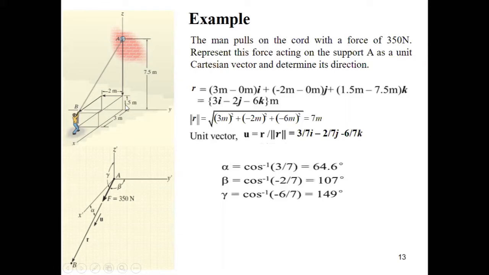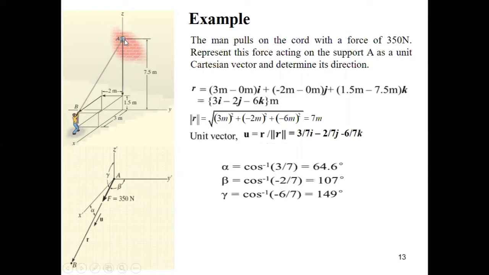For the other point A, it is on the z-axis, so x is 0 and y is also 0. It only has a z component, which is 7.5.